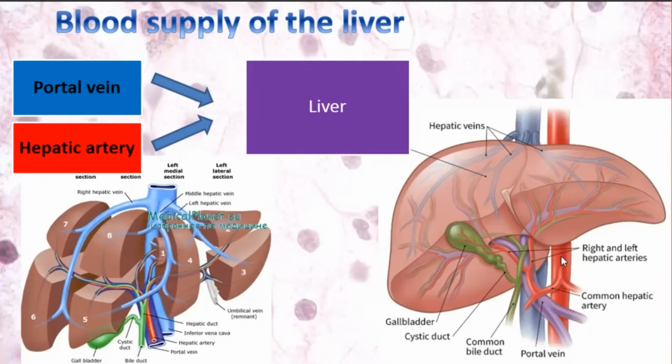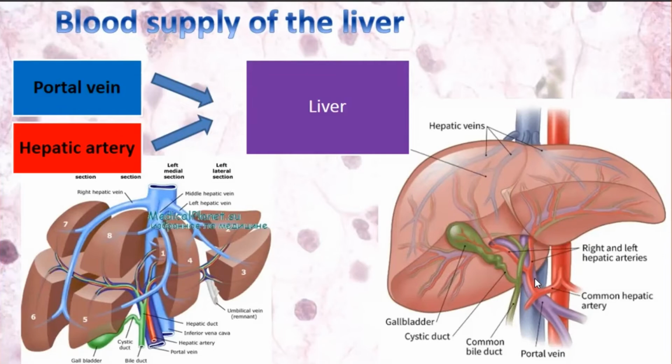It's the secondary branch of aorta, so it originates from pre-existing arteries, and here we can see hepatic artery which enters in the liver, and also it carries blood to the liver. So in liver we have two sources of blood, it's portal vein and hepatic arteries. And here we can see that inside the liver they follow each other, and also they are followed by branches of bile ducts.